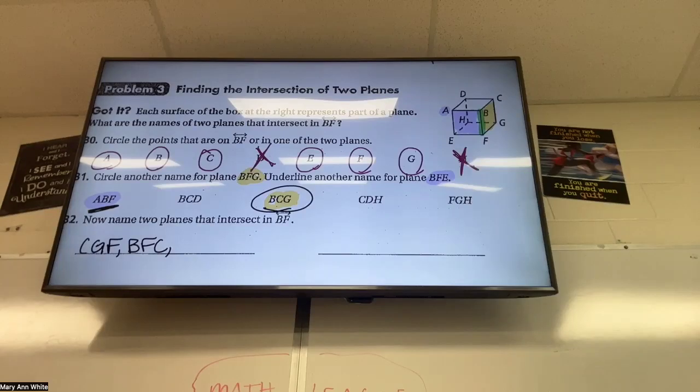One more. There's a bunch more. Give me one more. FCG. Very good. And do you see how we use the same letters as we did before, but we put it in a different order? That's okay. That's still a different name for that. And we could keep going on and on. There's a bunch of different ways that we can name that.